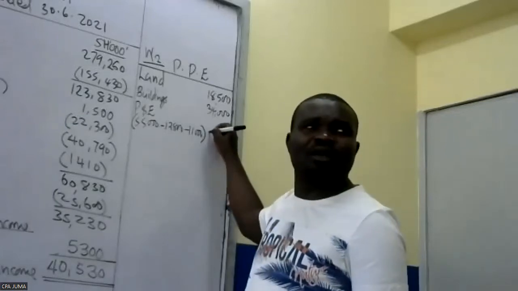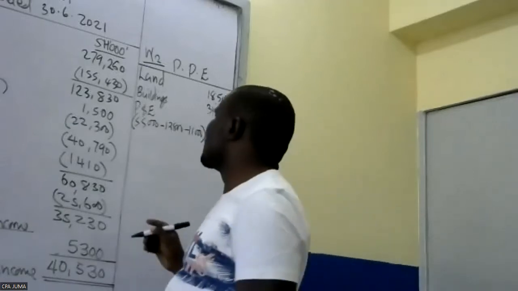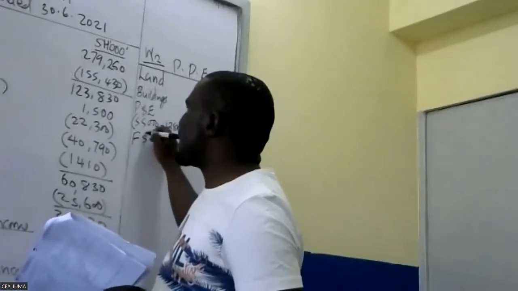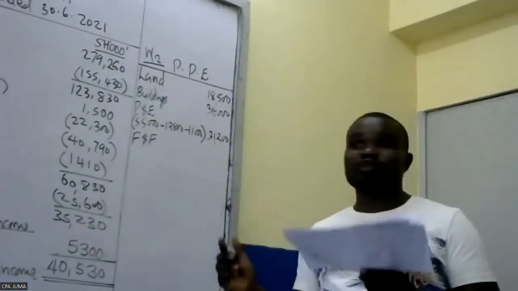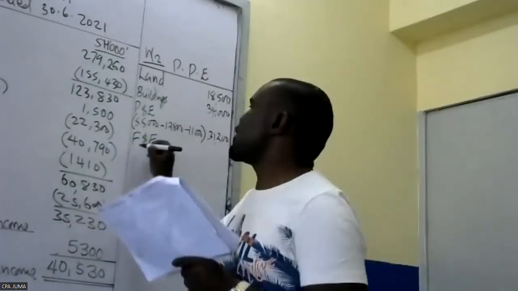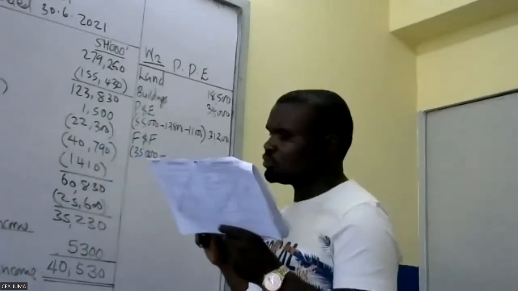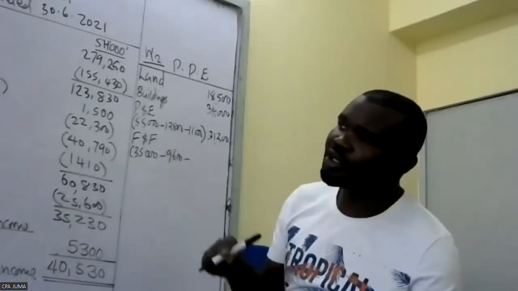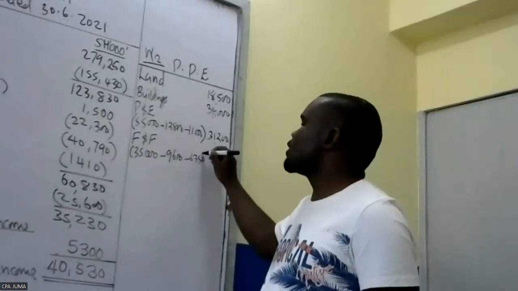Furniture and fittings, what was the cost? 35. Accumulated depreciation 96. And in the allocation, 63.50.